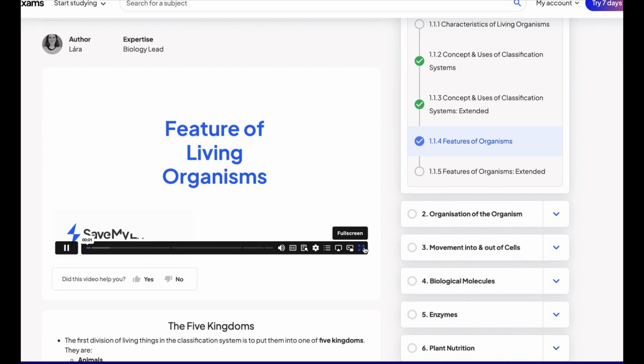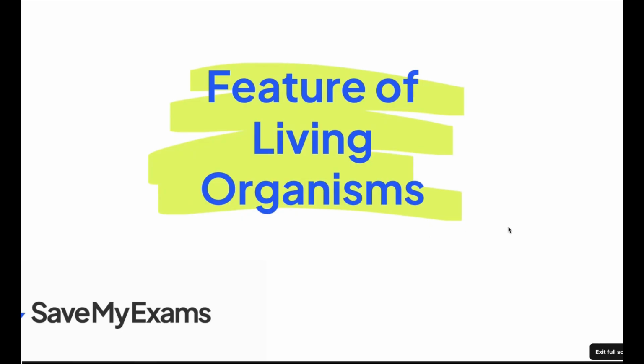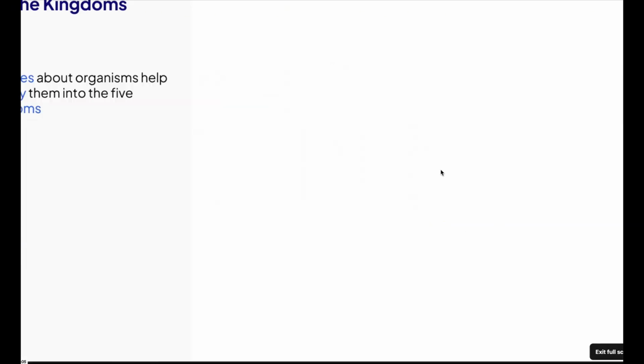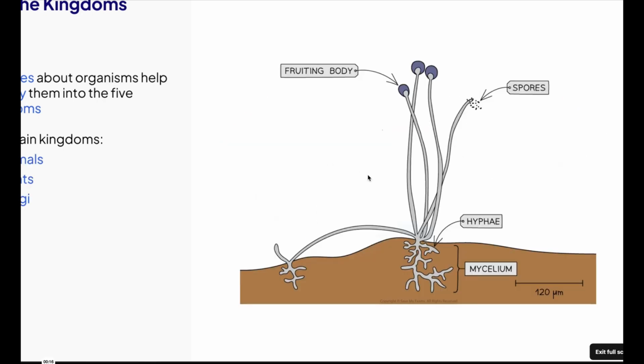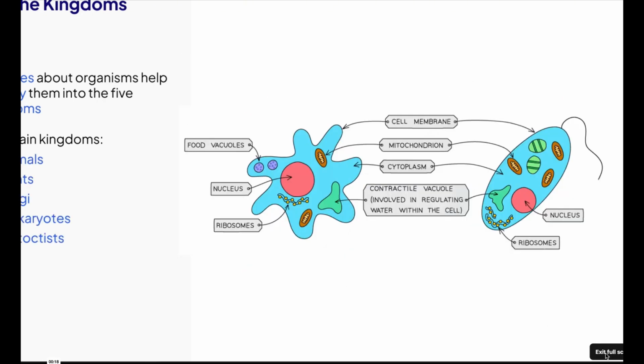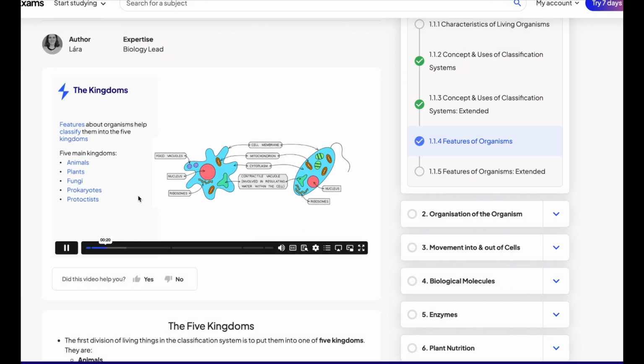This video is on the features of living organisms. Organisms' features can be used to place them into appropriate kingdoms. There are 5 main kingdoms, which include animals, plants, fungi, prokaryotes, and protoctists, also known as protists.